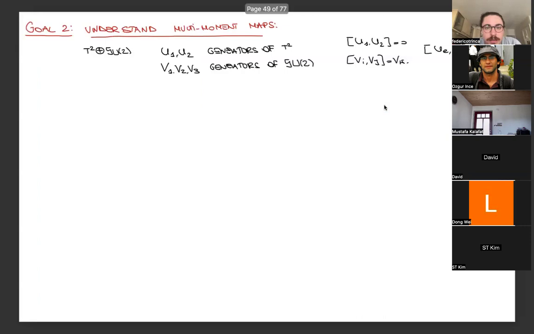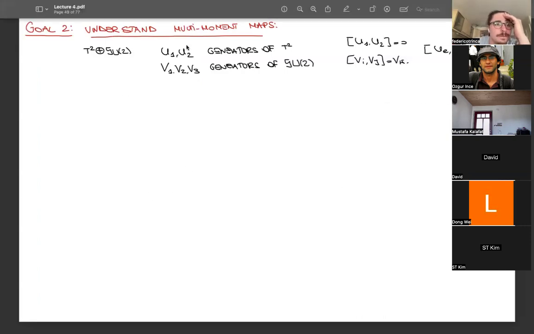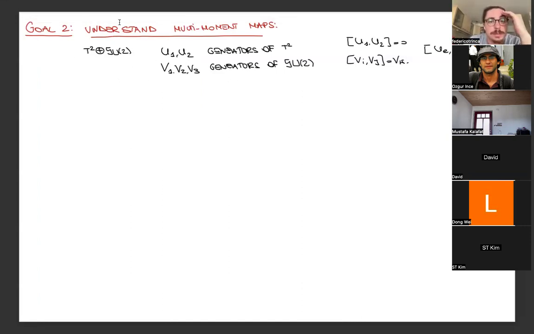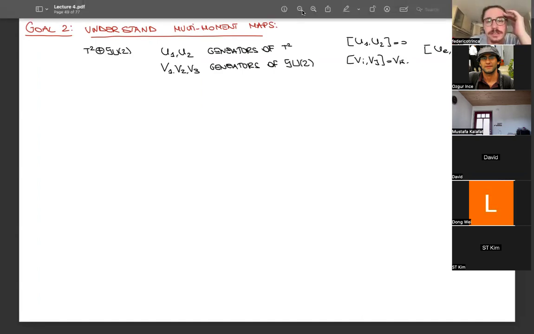Okay, let me go on by talking about the second goal of this talk, which is to understand the multi-moment maps in G2 manifolds with T2 times SU2 symmetries. I told you that we need to look at this Koszul kernel.